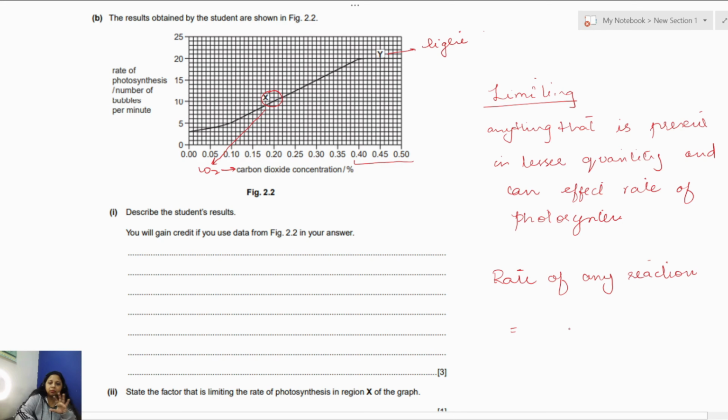It is the decrease in the amount of reactant or increase in the amount of product over time. That is the rate of reaction. Decrease in the reactants, whether mass or volume, or increase in product over time. We check either the decrease or the increase. There are two formulas that we can use.